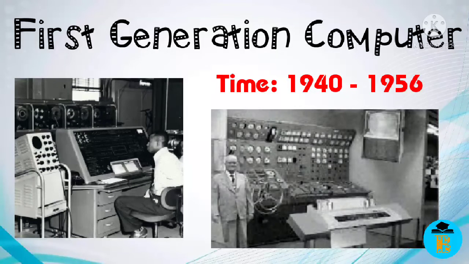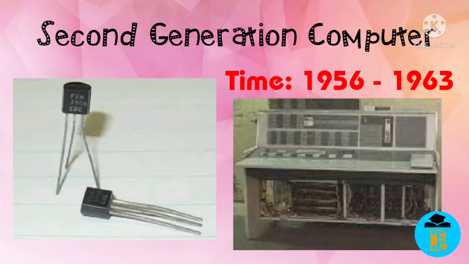Now students, we will move to the next, that is second generation of computers based on transistors. The invention of the transistor led to the start of the second generation of computers. Vacuum tubes were replaced by transistors.